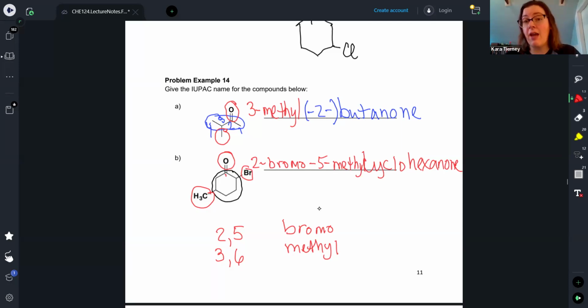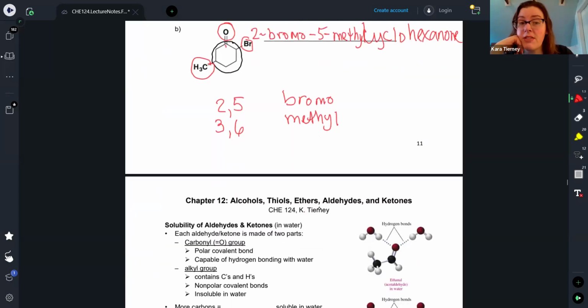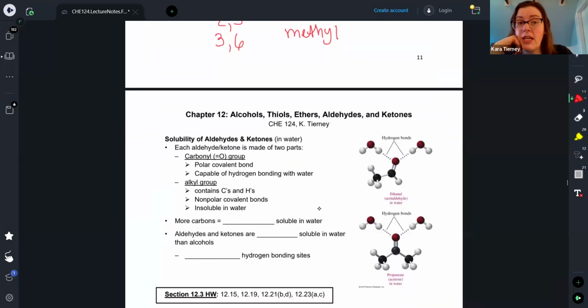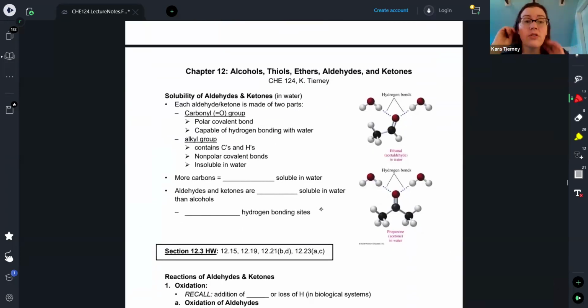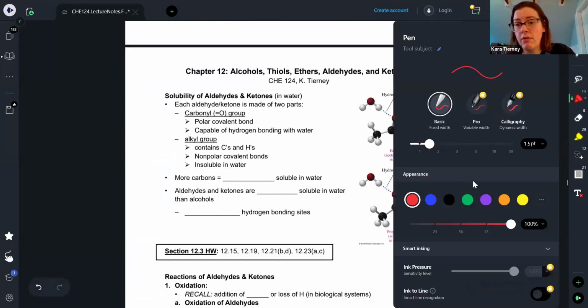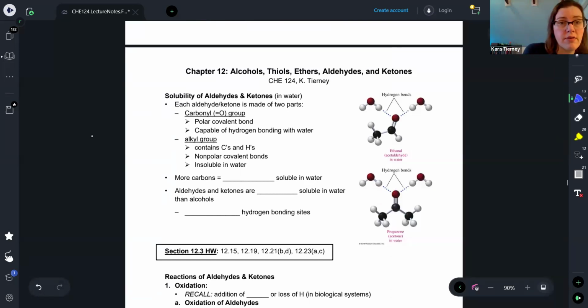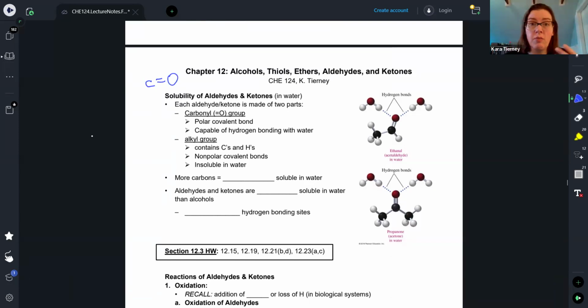So that is how we name ketones. Let's also cover the physical properties, specifically solubility of aldehydes and ketones. So aldehydes and ketones both have this carbonyl group. If we look at the C double bond O, in terms of polarity, we see that oxygen has a 3.5 electronegativity.